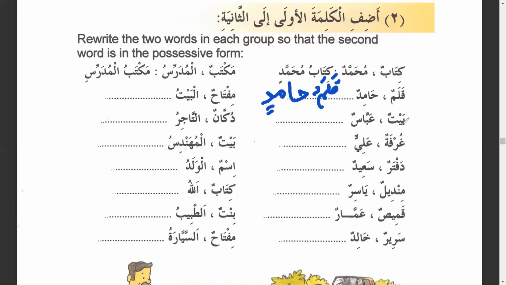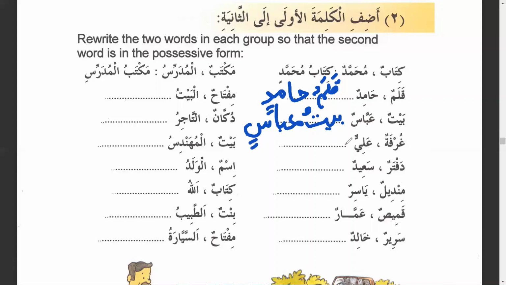What about this one? Baitun and Abbasun? Baitu. So you made it light by removing one dhamma. Baitu. Say it with me. Baitu. Abbas, sun or sin? Sin. Yes, it has to be jar.